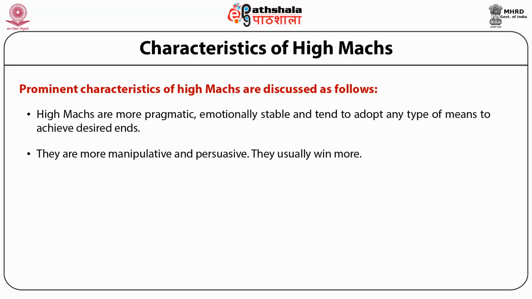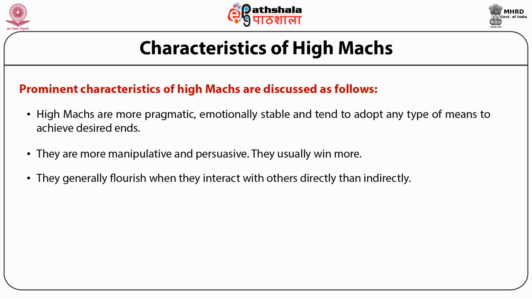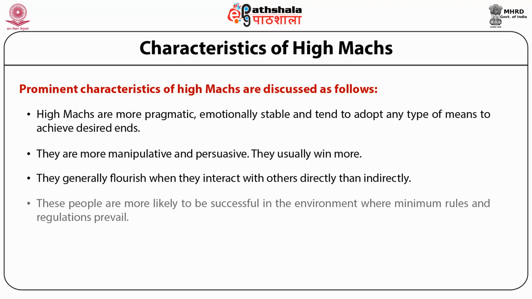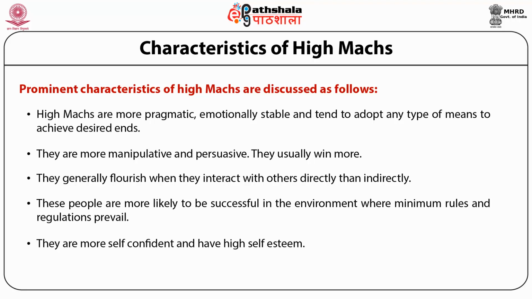They usually win more. High Machs generally flourish in the organization when they interact with others directly than indirectly. Such type of people are more likely to be successful in the environment where minimum rules and regulations prevail. They are more self-confident and have very high self-esteem.